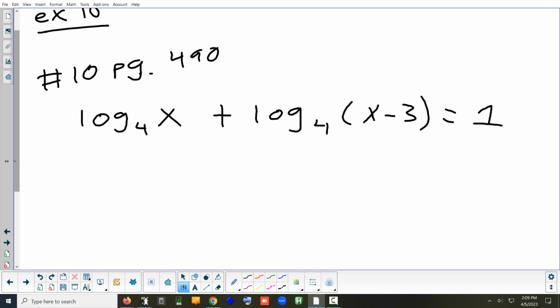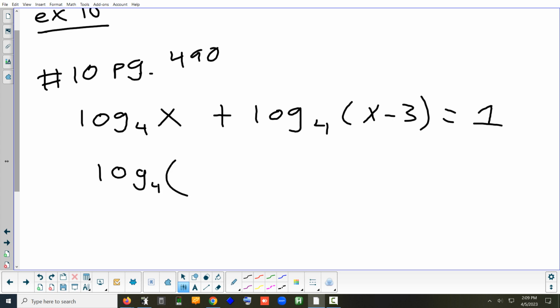Okay, now that we've gone through it together, you tell me, what would I do first here? Combine the logs. Yeah, combine the logs. When you combine them, what's the base we're going to have on the log? 4.